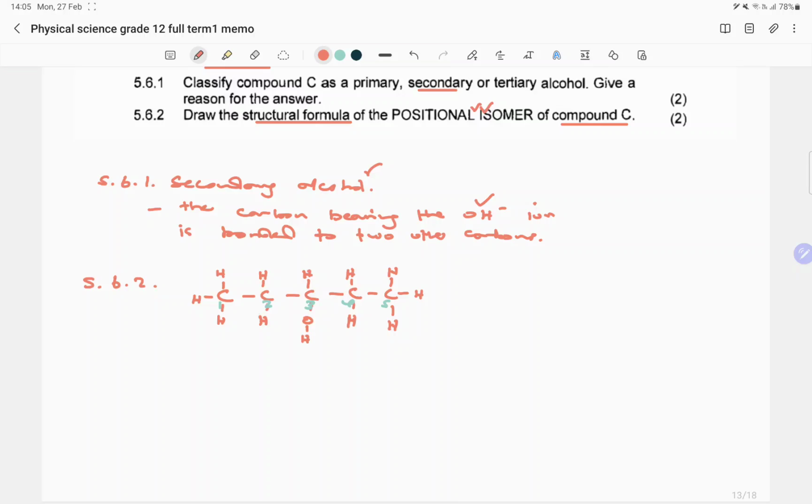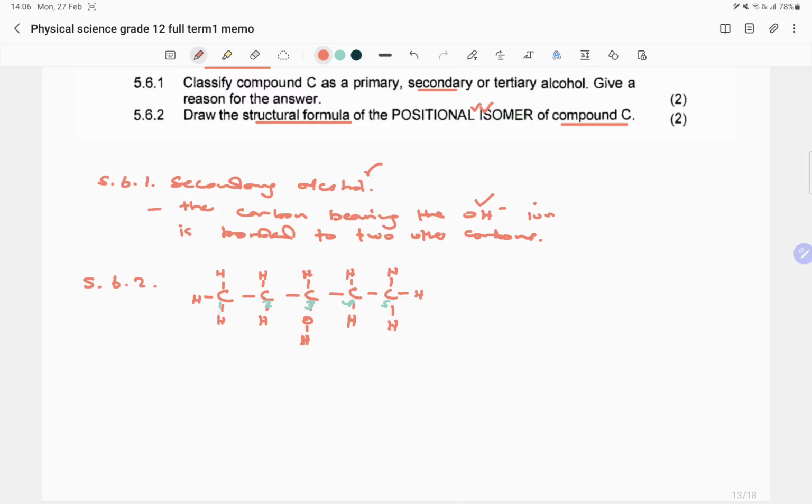Great. But what other positional isomer could you do? Actually, there's two. I was correct when I said two. It's either here or in the first carbon. So if you put this OH in the first carbon, it's definitely a positional isomer. But now that becomes a primary alcohol, no longer secondary. For the sake of consistency, I will choose a position that still makes this a secondary alcohol, because I think the type of alcohol is also pretty important.